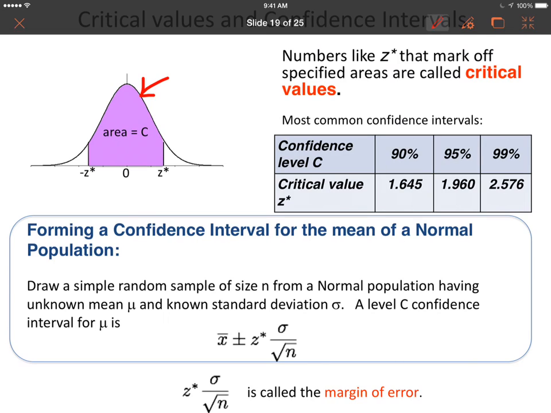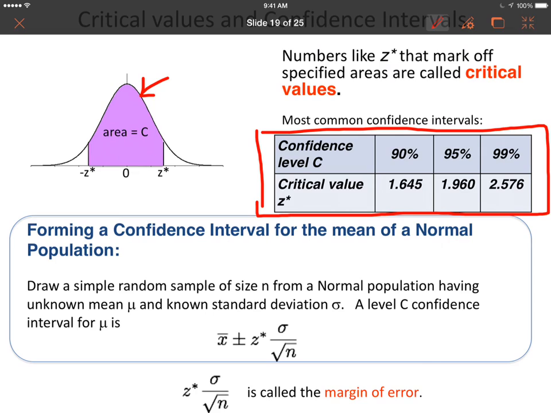For confidence levels that are commonly used, so 90%, 95%, and 99% confidence, the critical values are given to you in this table on the right hand side of the screen.